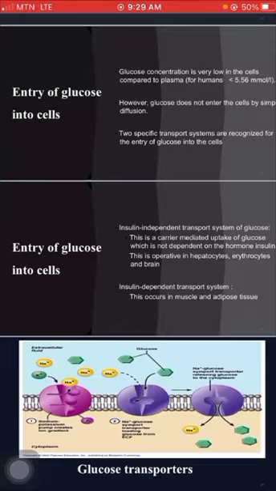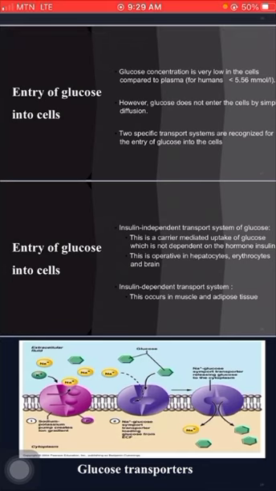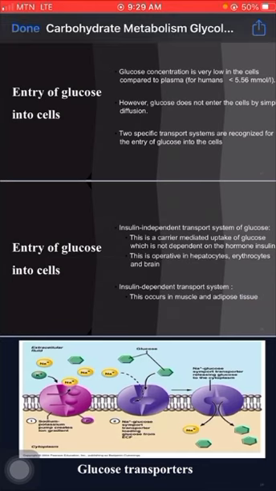So now, most of the transporters that will transport glucose from the plasma into our cells, these transport systems are divided into two main types. We have those that are insulin dependent, and those that are what? Insulin independent.